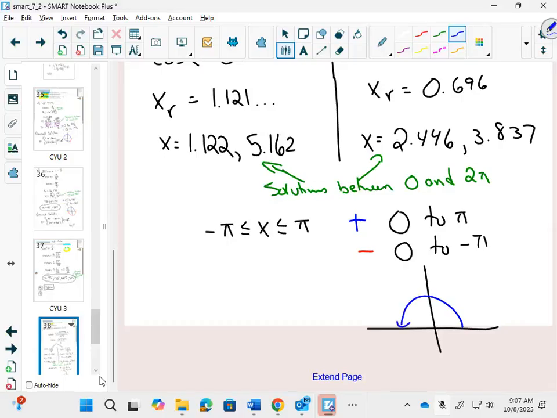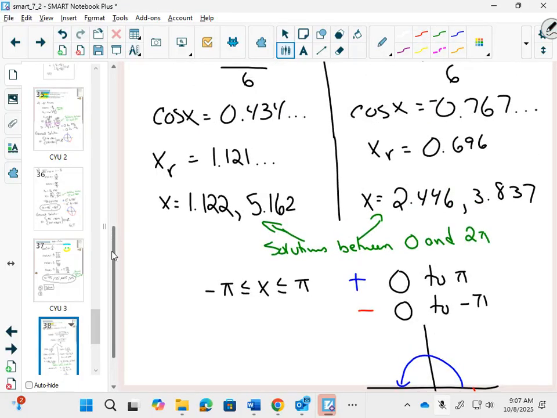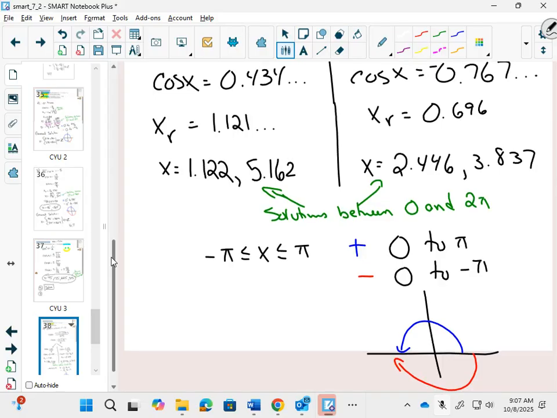I'm looking at these ones, and I'm looking at these ones. Some of mine are good. Some I'm going to have to change, right? Like, this one was in quadrant 1, and this one was in quadrant 2. Those two would be fine. But this answer was quadrant 4.